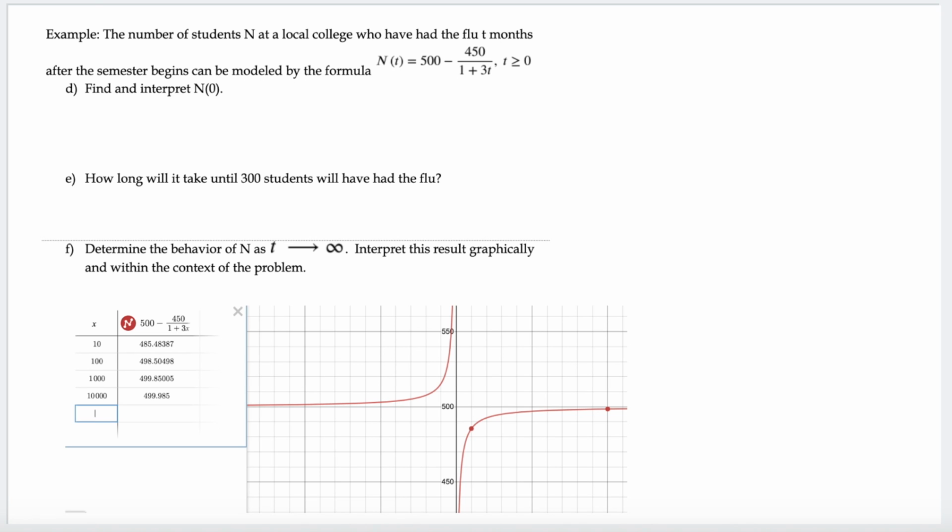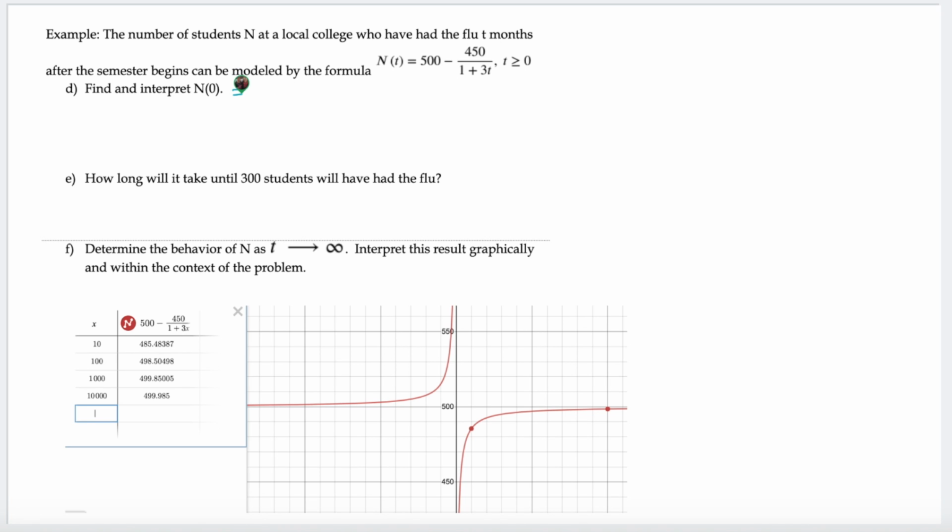Here we're looking at the number of students at a local college who have had the flu t months after the semester begins, which can be modeled by this function, where time in months is greater than or equal to 0. Find and interpret N of 0. So we're looking for the number of students at 0 time who would have the flu. We can then substitute 0 into our function and evaluate.